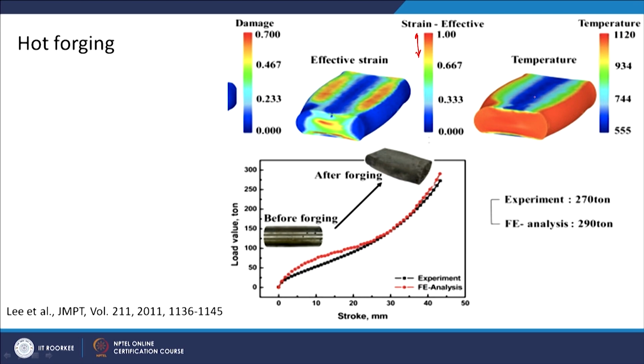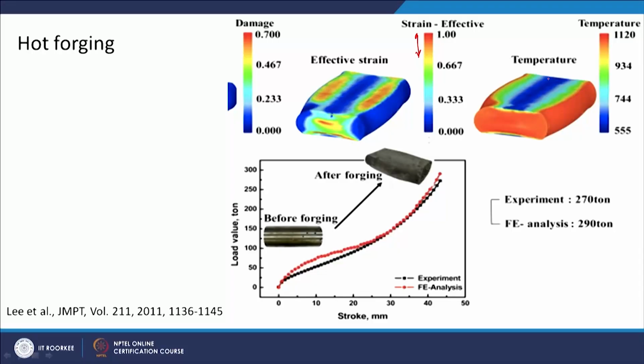And the blue color is where the ram comes in contact with the billet. Because the ram must be at low temperature compared to the billet, a lot of heat must have been dissipated from there. That is why you see this low temperature region on the top. So, that also we have to account for, that there can be temperature variation, strain variation, and strain rate variation in the same material.